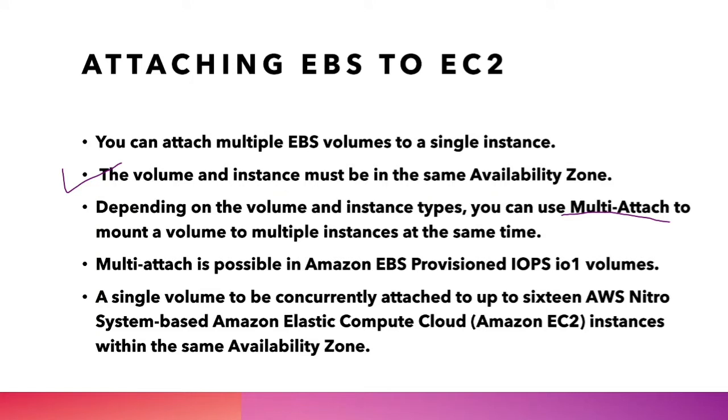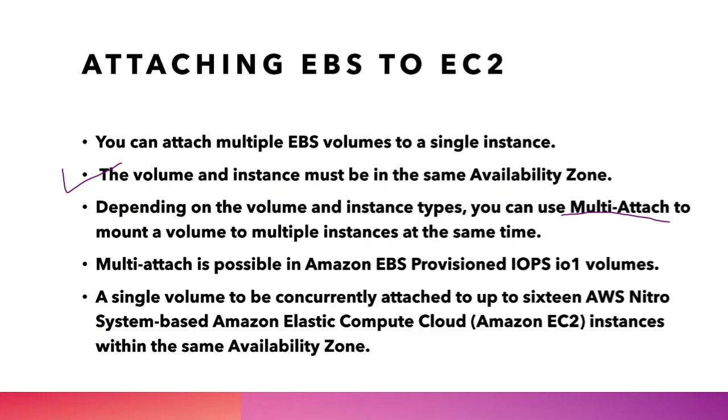Now Amazon has introduced EBS multi-attach, in which if we have provisioned IOPS io1 and io2 volumes, then it is possible to have EBS multi-attach. EBS multi-attach means you will be having one EBS volume attached to several EC2 instances, but those EC2 instances should be AWS Nitro system based EC2 instances, and they should be in the same availability zone.